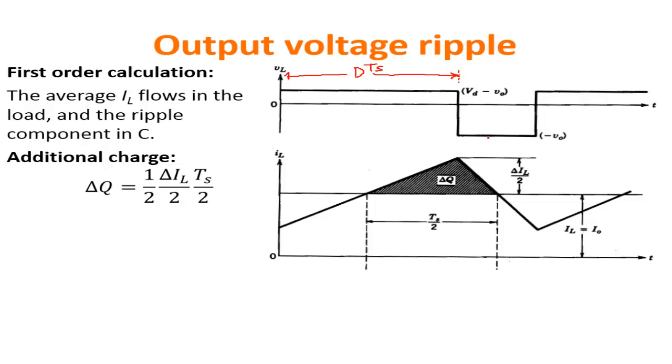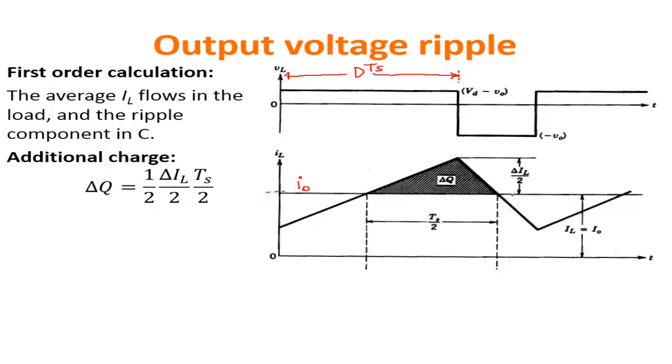We already did this plot. Before, we focused on the maximum value, on the minimum value, and on the average. Now we want to focus on this part. With respect to the average current, which is IO, absorbed by the load, for half a period you give more charge to the load, and for the other half period you give less charge.